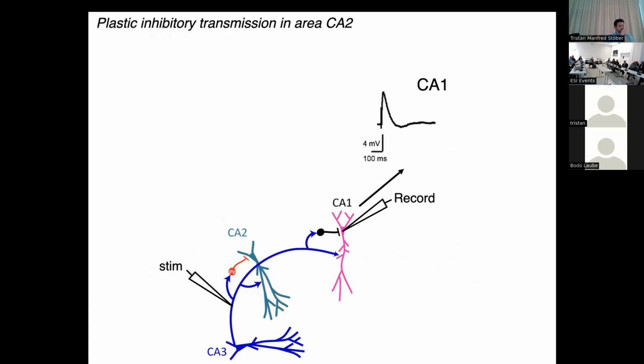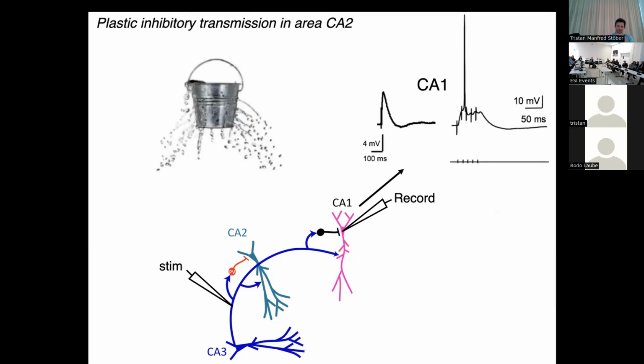Here we're looking at some textbook recordings. In CA1, when you record, you get the postsynaptic potential. If you deliver a train of stimulation to CA3 inputs, you can evoke action potential firing. When you think of inhibitory transmission in a very simple way, you can think of a leaky bucket.